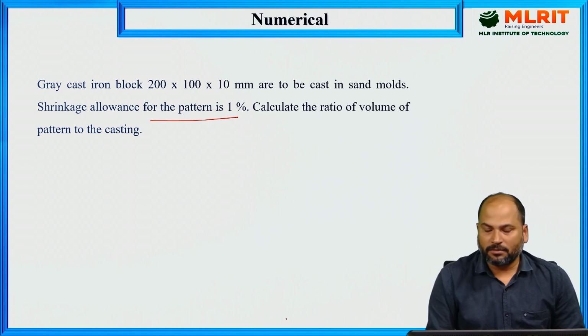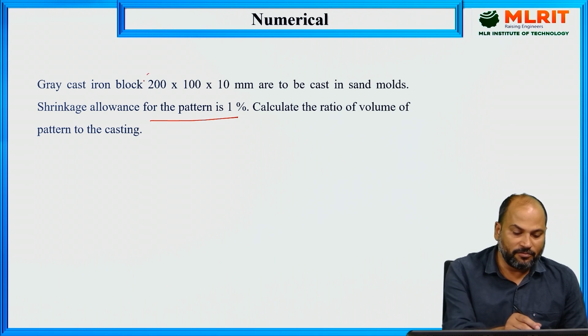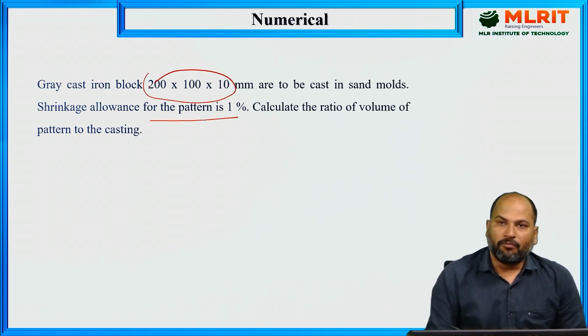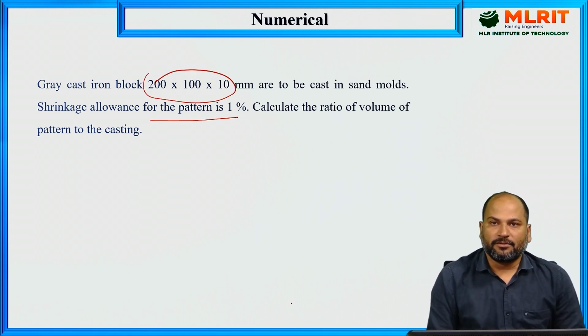Once we get the volume of the pattern, the casting dimension is already there, because this volume is given. It is nothing but the volume of the casting. So once we get the pattern volume, we have to find the ratio.